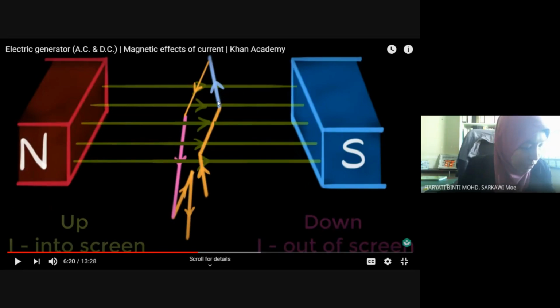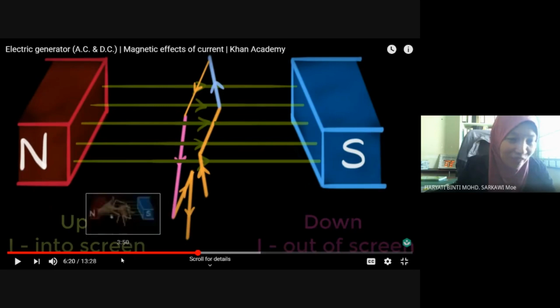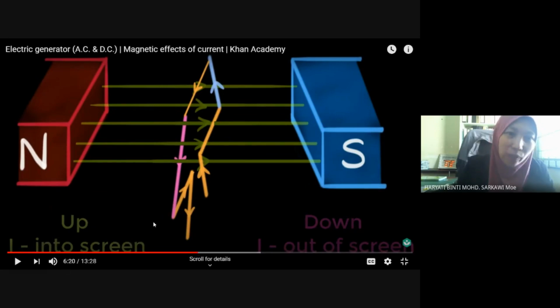So the animation is showing an alternating current generator since the current keeps switching direction. We just continue, then you will see later. Whether it is an alternating current or direct current generator, the direction of the current here will be the same. The one that is different will be the outer part later.